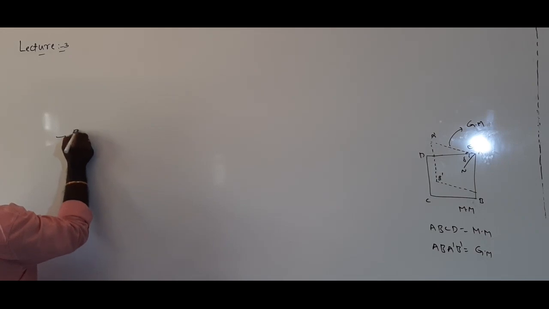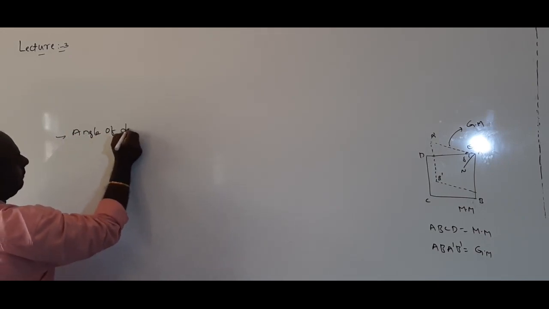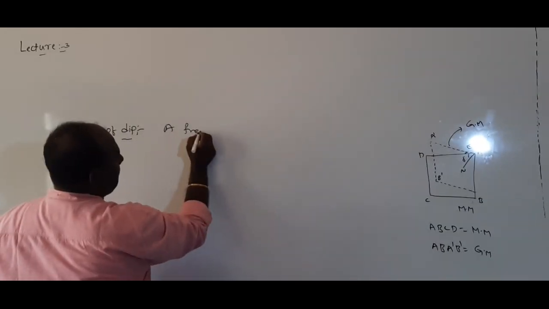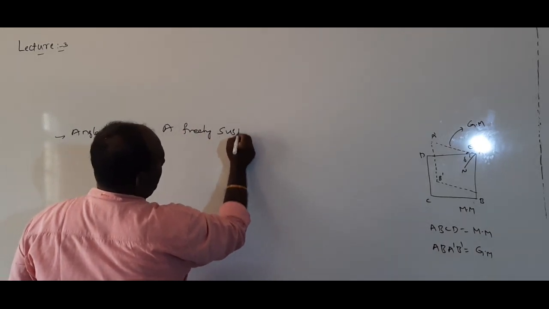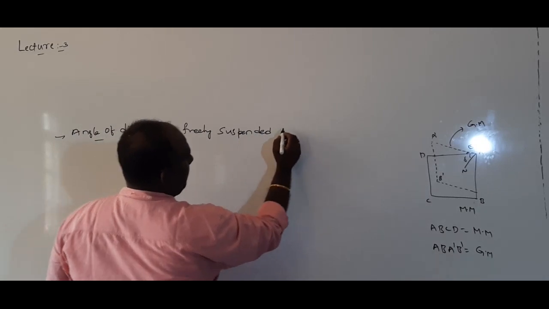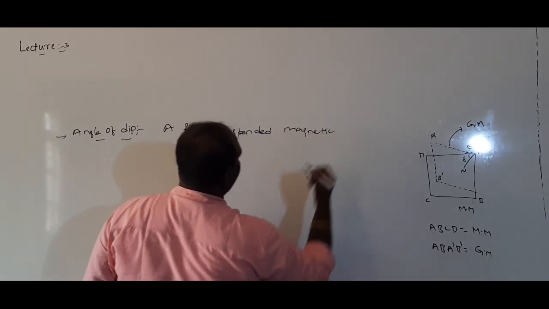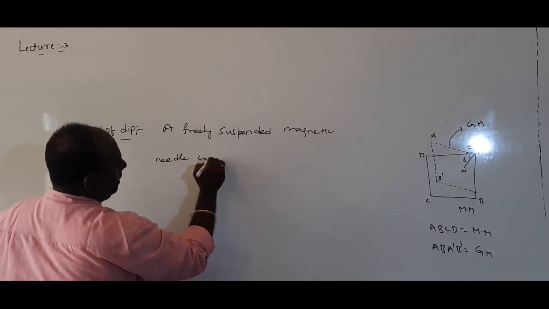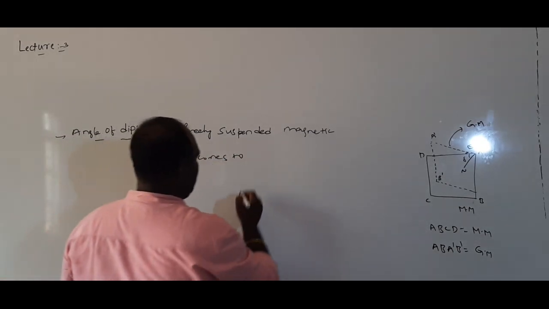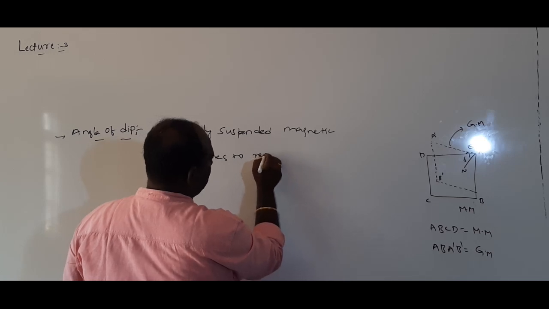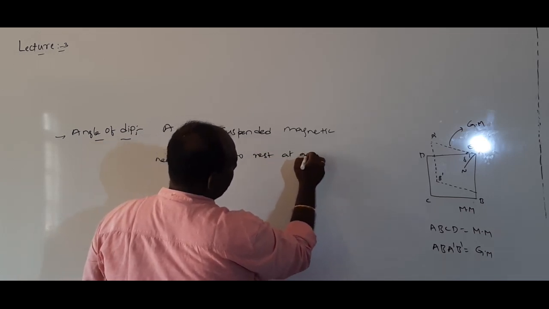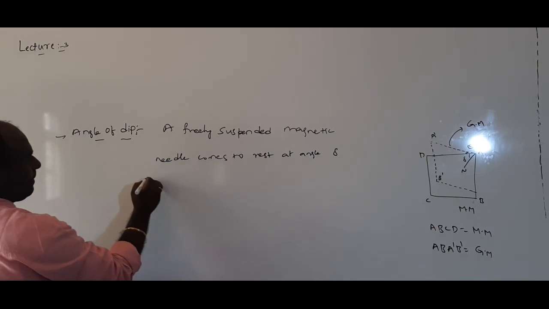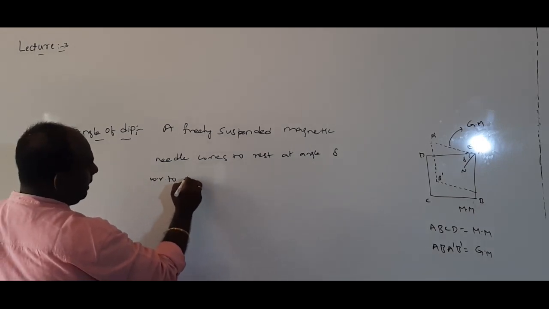Sir, angle of dip. A freely suspended magnetic needle comes to rest at an angle delta with respect to magnetic meridian.